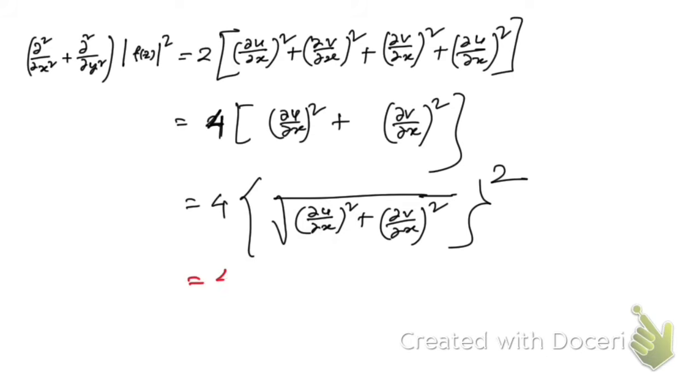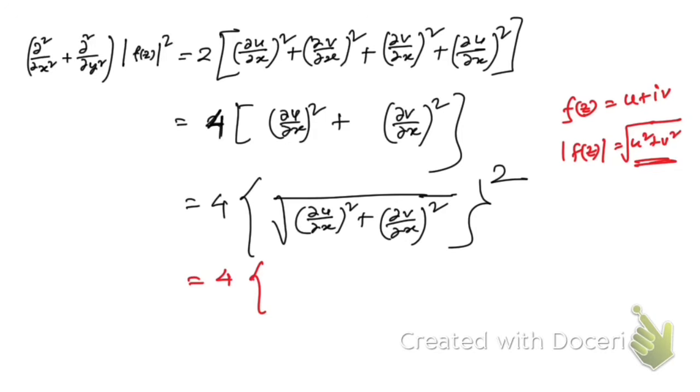And here you see, we know that if f of z is u plus iv, and mod of f of z is root over u square plus v square, then if you compare this one with this, this is u square plus v square, then you can write u plus iv as f of z, right?